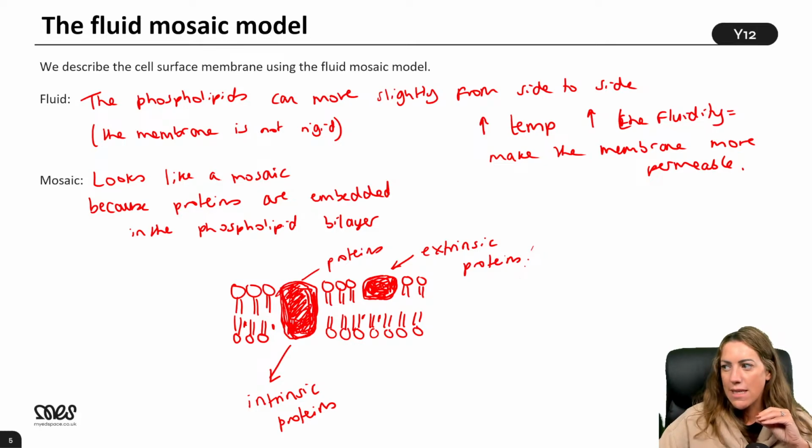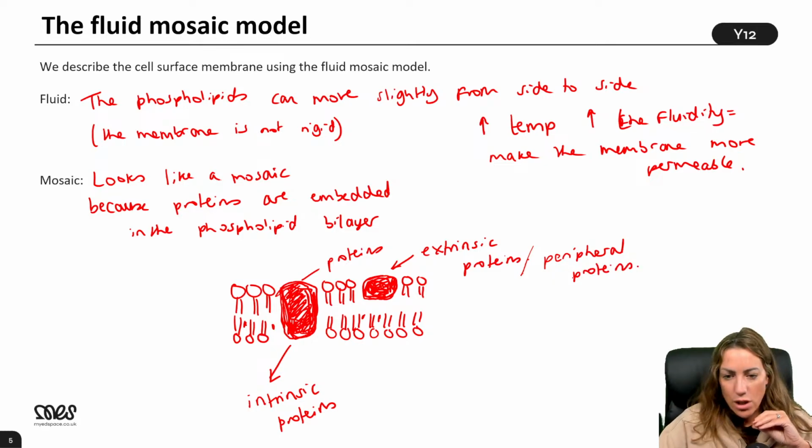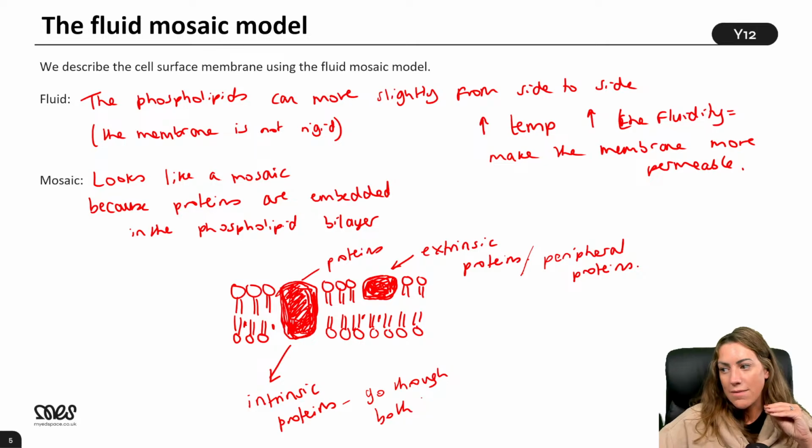Or sometimes these ones can be called peripheral proteins. That might give you more of a clue. Yeah, good, Zainab. So we can differentiate between them. Yeah, intrinsic because it goes through both layers. That's really good. So intrinsic proteins go through both layers of phospholipids.